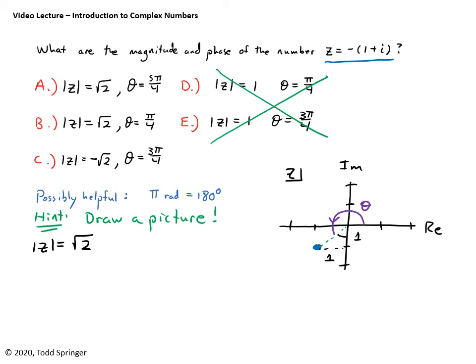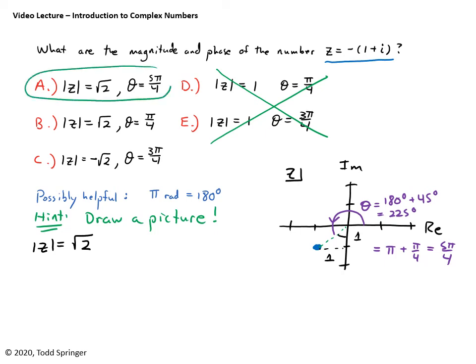And then just by looking at the picture, theta must be equal to 180 degrees, so that takes me over to the negative real axis, and then another 45 degrees downwards. So that's 225 degrees. If you convert that to radians, that's pi plus pi over 4, which is 5 pi over 4. So this is the right answer here, choice A. That's what I got from drawing the picture and thinking about it.